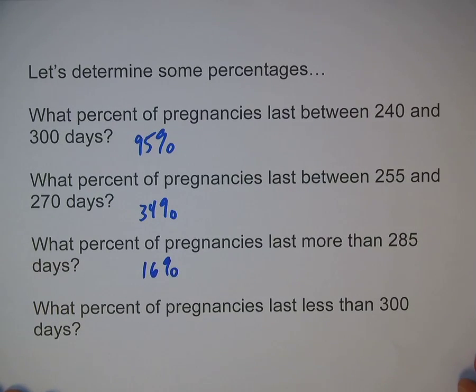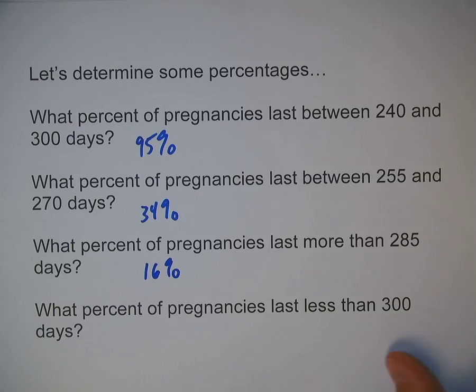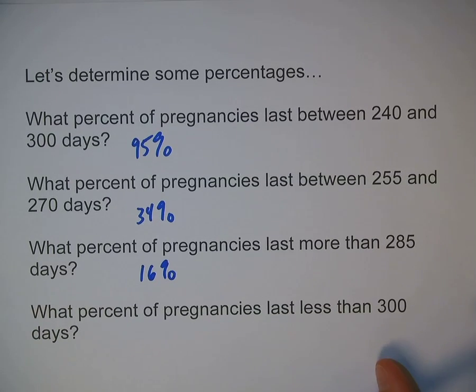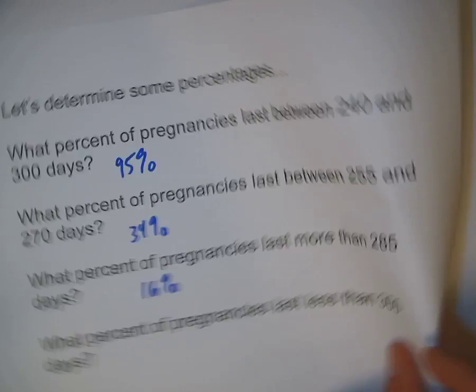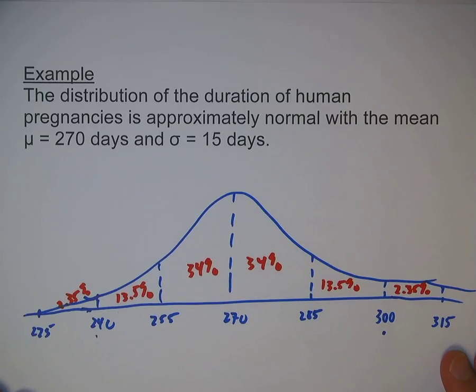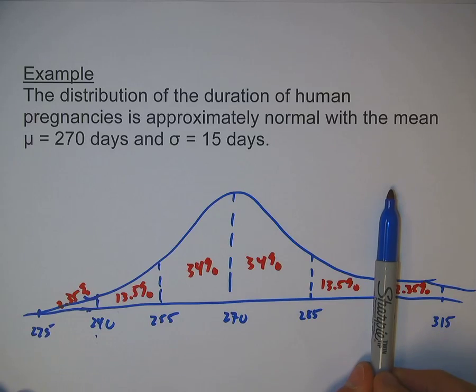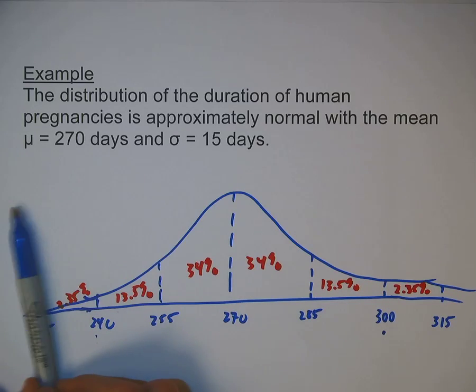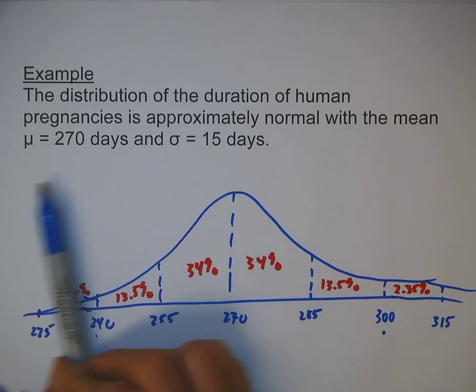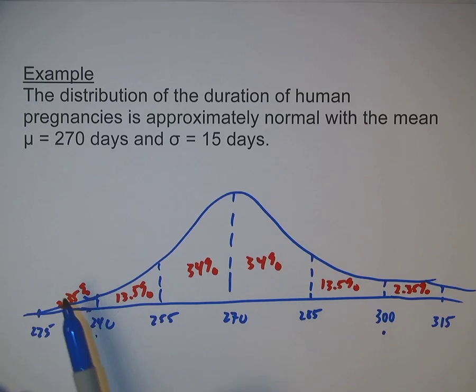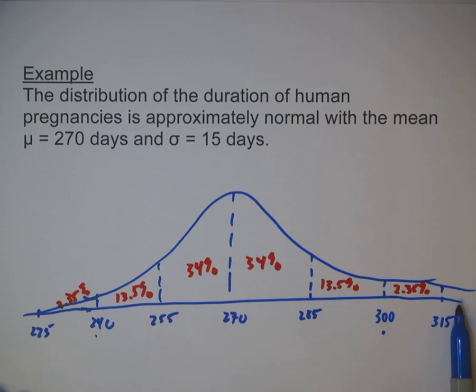Okay. And finally, what percent of pregnancies last less than 300 days? Okay, so if again we go to our picture, 300 days, that's here. We want to know what percent is less than 300. So less than 300, I could add all of these values up, or I know that above 300 is 2.5%, so the 2.35 plus the 0.15%.